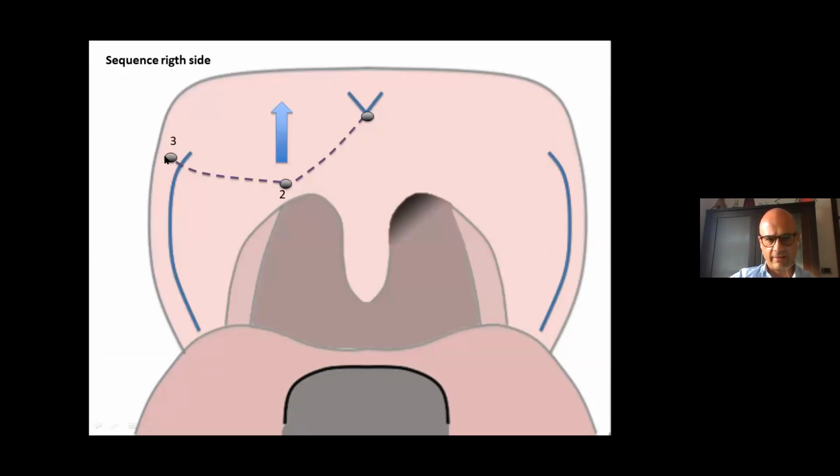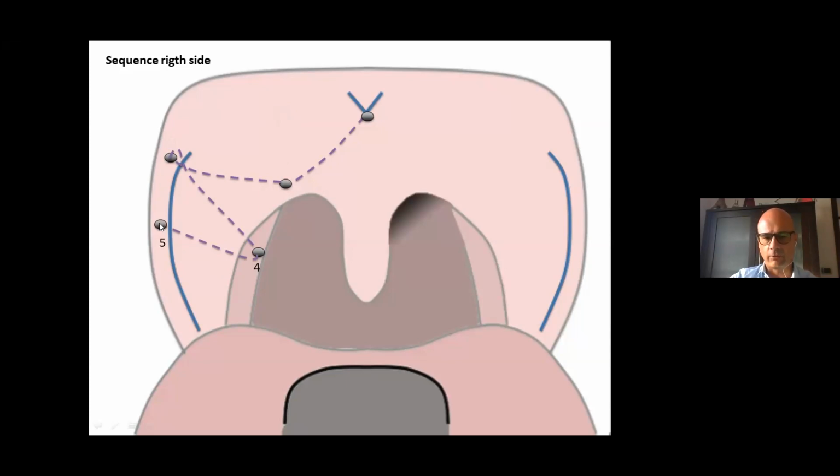From this area, we then insert the needle in a tunnel and we enter the tonsil fossa. Inside the tonsil fossa, we grasp the palatopharyngeal muscle and then we come back laterally to the raphe, moving this pillar laterally and superiorly.